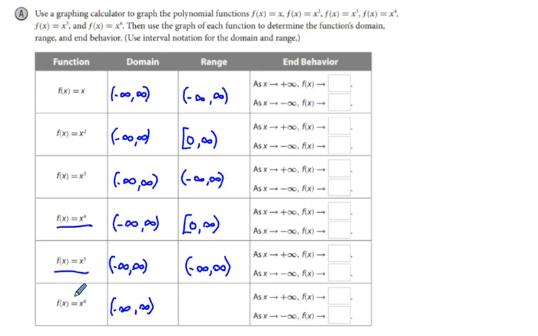And then down here for the sixth power, we have greater than or equal to 0 and less than infinity. And then the last column we have is end behavior. For a linear function, I'm going to just sketch it here. Our linear parent function looks like this.